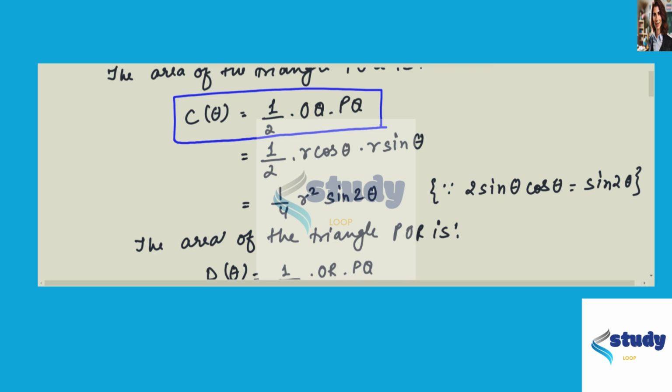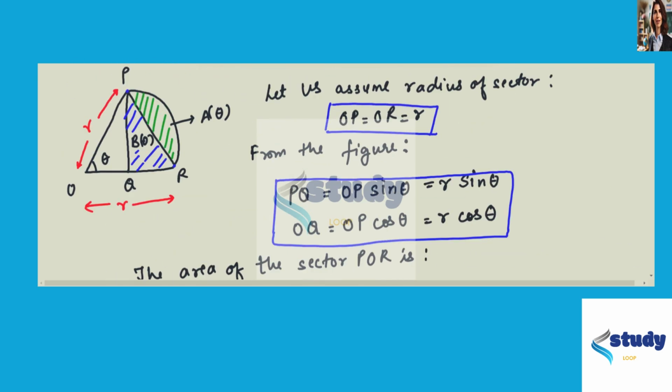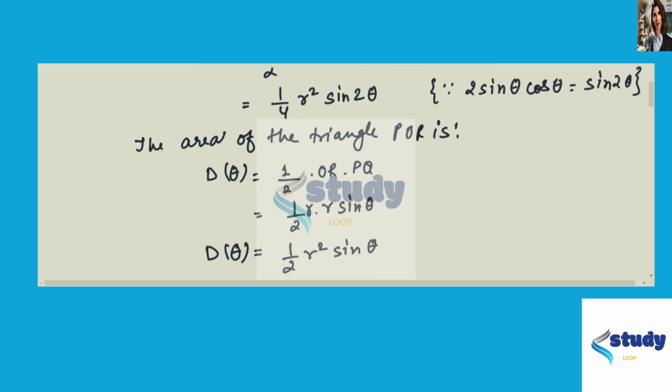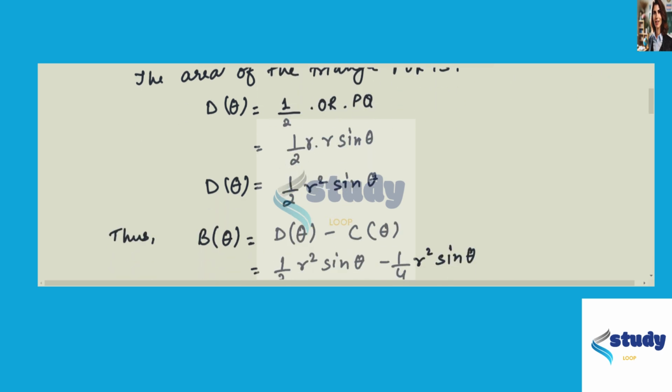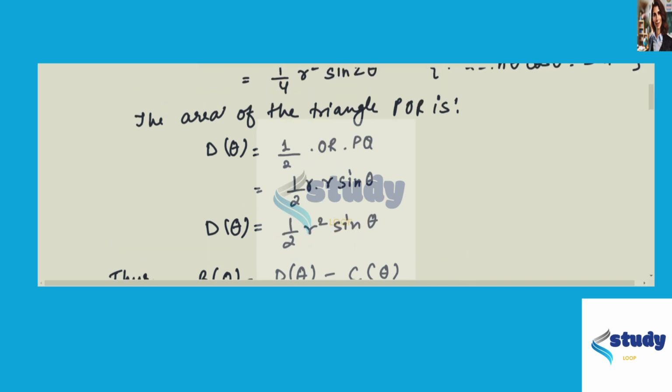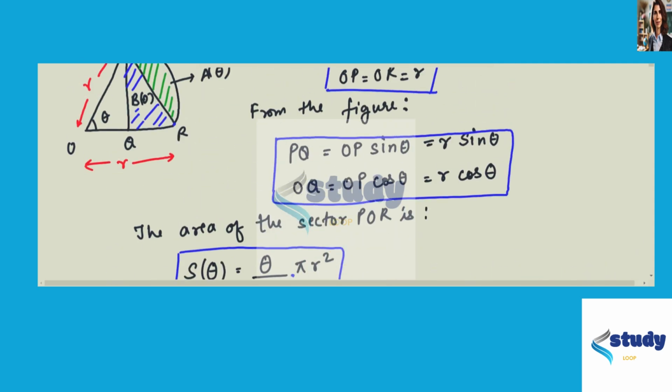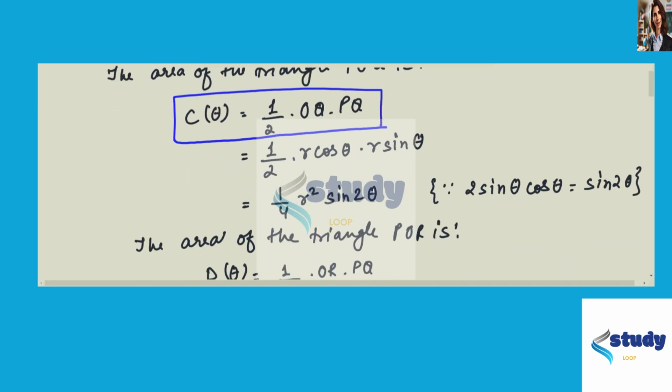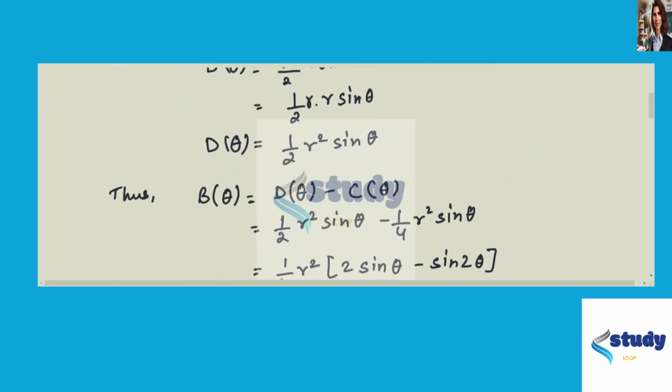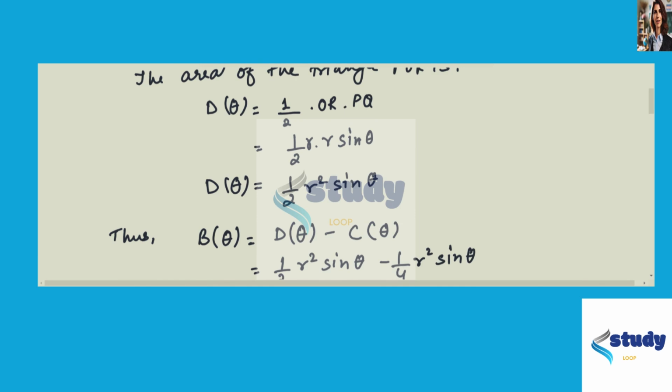So now the area of triangle POR is D theta. So D theta is equal to half into base into height again. Here the base is OR and the height is PQ, right?